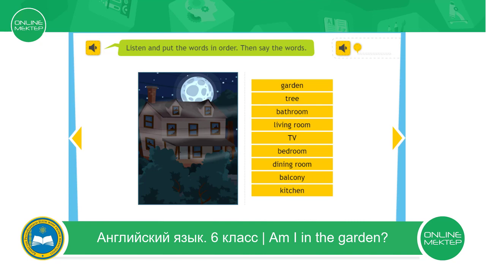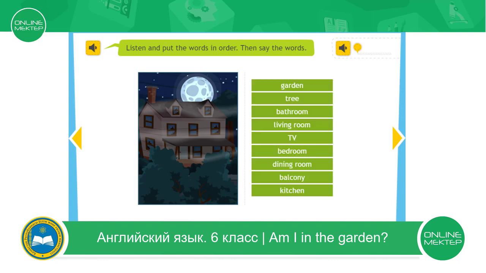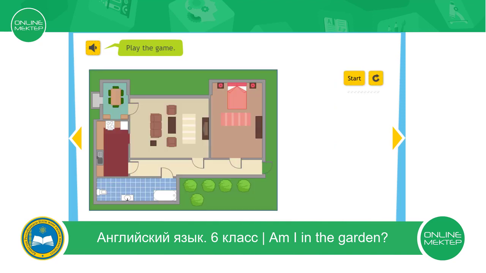So, the first word is garden, second, tree, third, bathroom, fourth, living room, fifth, TV, sixth, bedroom, seventh, dining room, eighth, balcony, ninth, kitchen. Let's check. All the words are in correct order. Thank you. And the last exercise of our lesson.